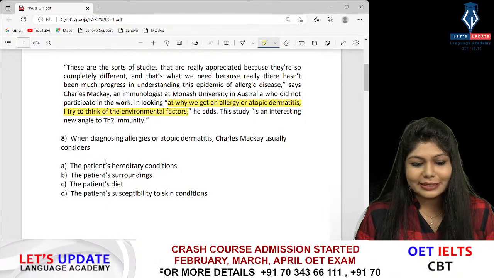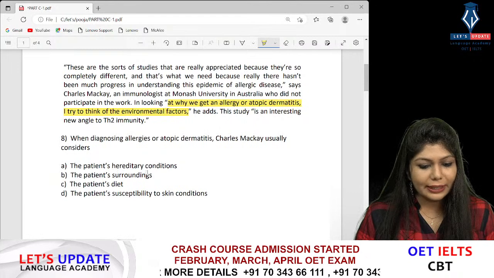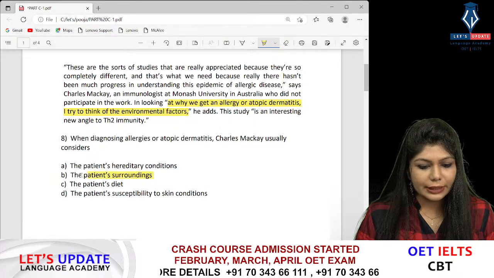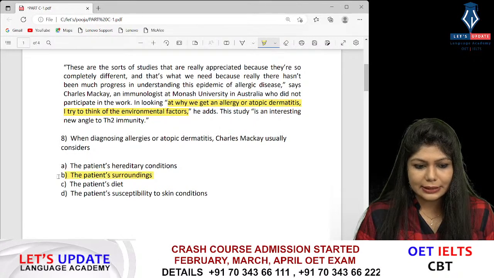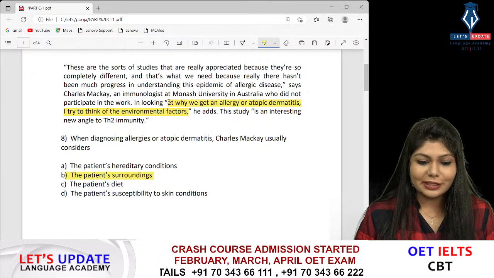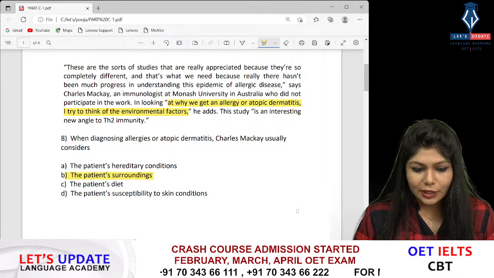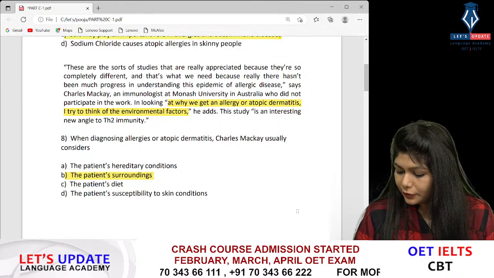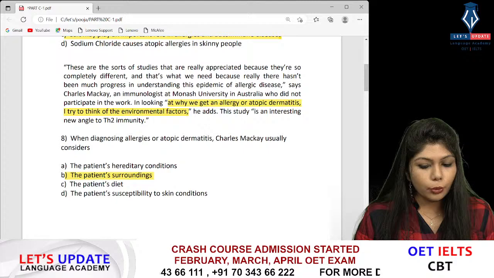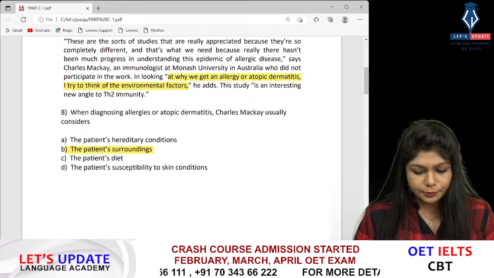So that means the answer should be the patient's surroundings, the same as what they have mentioned and I have highlighted. That is why your answer should be B. So those who have answered B, very good. Now moving on to the next question.